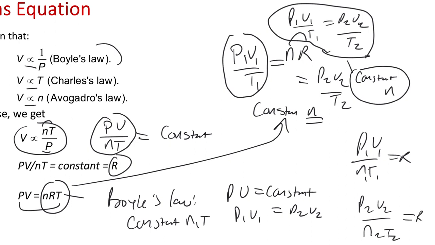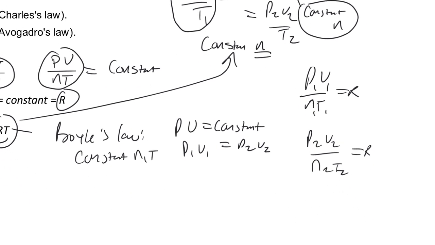So P1 V1 over n1 T1 equals P2 V2 over n2 T2.